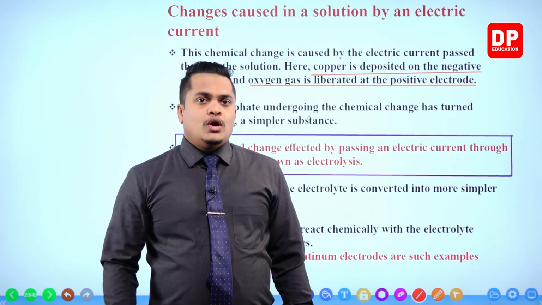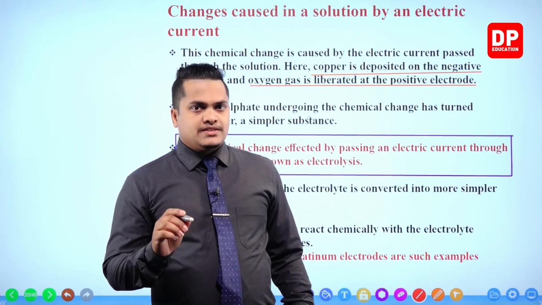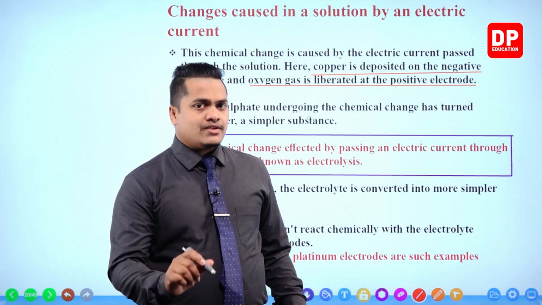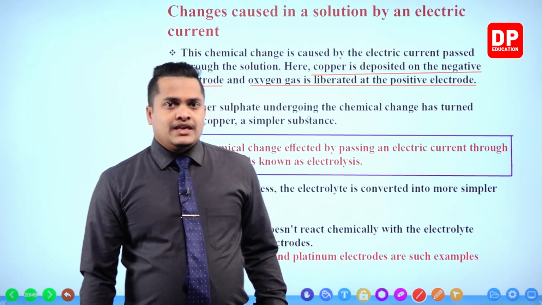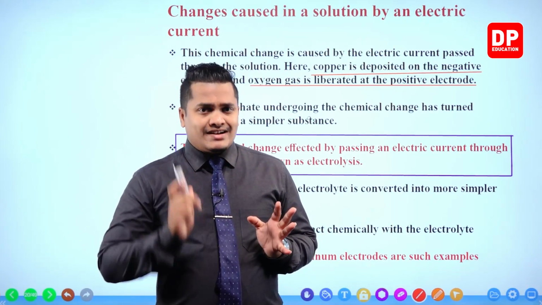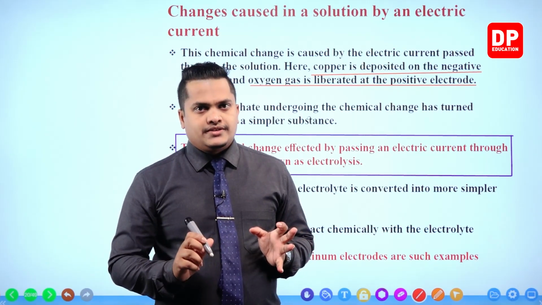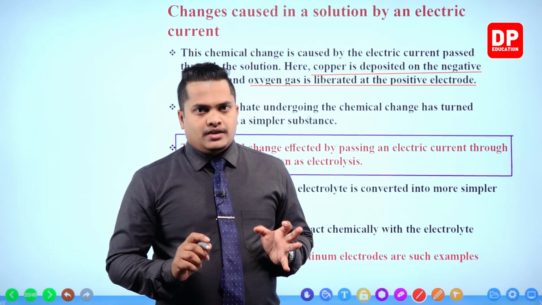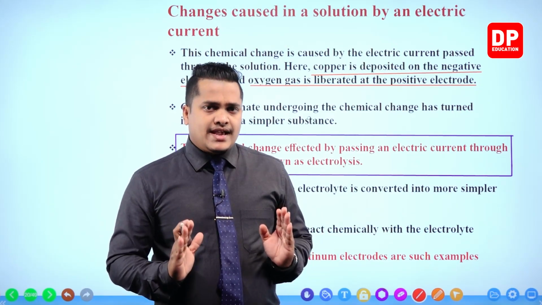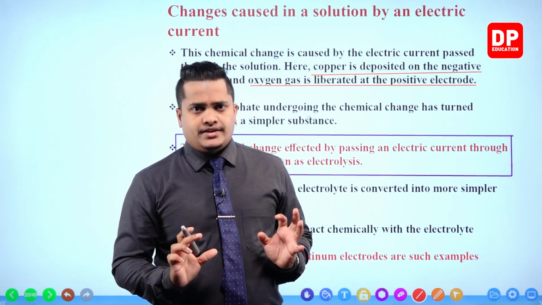So when you are selecting electrodes, the substances that supply electricity to the electrolyte, the electrode should not react with the electrolyte. There shouldn't be any chemical reaction. A chemical reaction should only be obtained after providing the electricity.